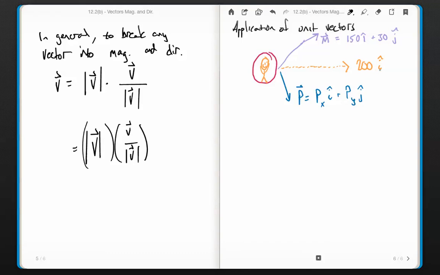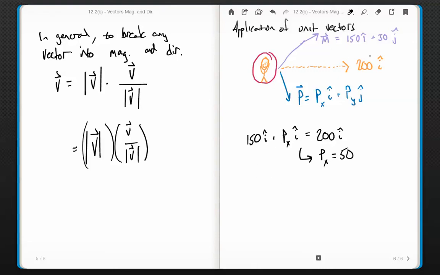If I just want the i's to work out, I want it to be 200i, so I take my 150i plus my Pxi has to equal 200i, because all the x's have to add up to be just this 200i. Well, that means that my Px has to be 50 to make that work out. So 150 plus 50 equals 200.